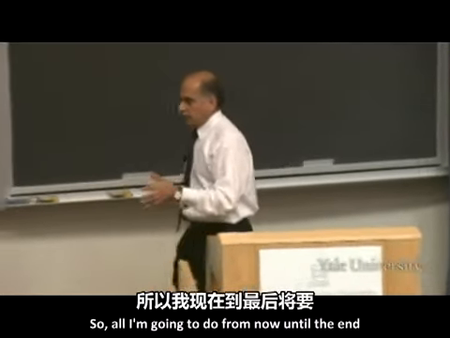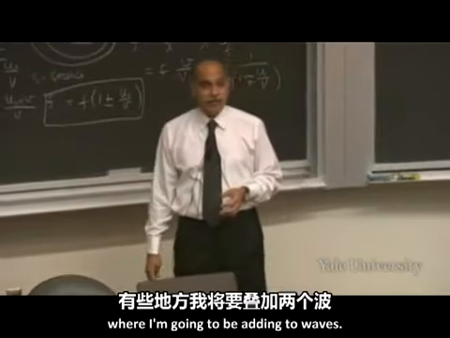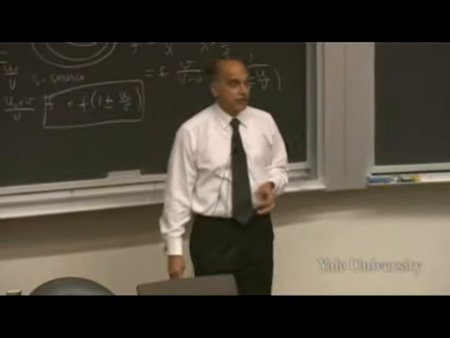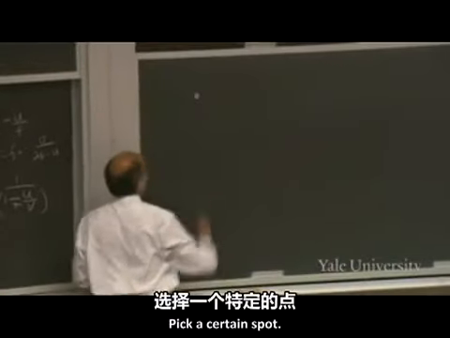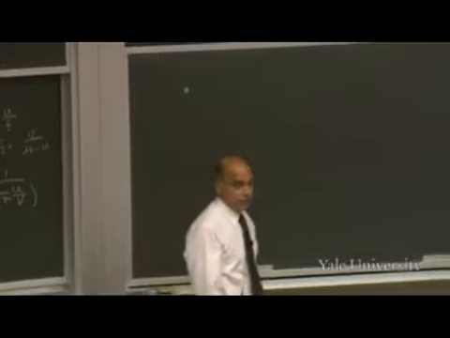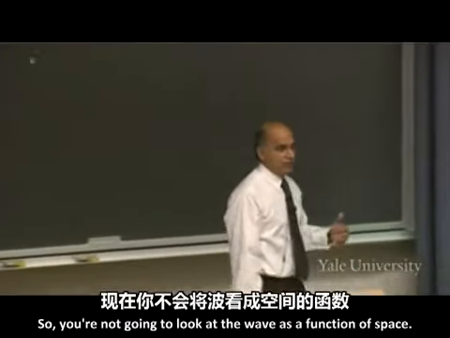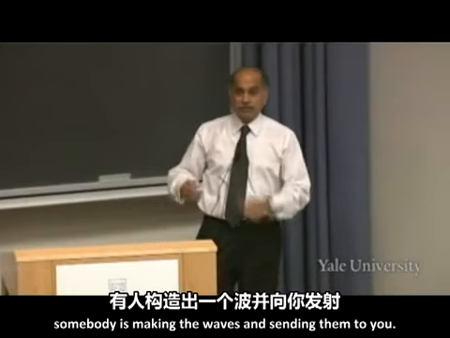So all I'm going to do from now till the end is take a variety of situations where I'm going to be adding two waves. The simplest problem is the following. Pick a certain spot. You just sit there and listen to two waves. So you're not going to look at the wave as a function of space. It's a function of time. Somebody is making the waves and sending them to you.